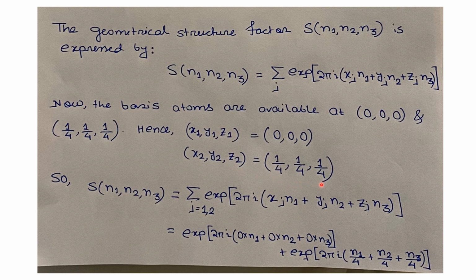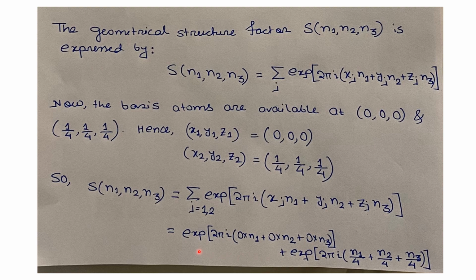So, we will use these values in the expression of the structure factor. So, we will get S of n1, n2 and n3 will be sum over j, and j value will take 1 and 2, exponential of 2 pi iota xj n1 plus yj n2 plus zj n3.